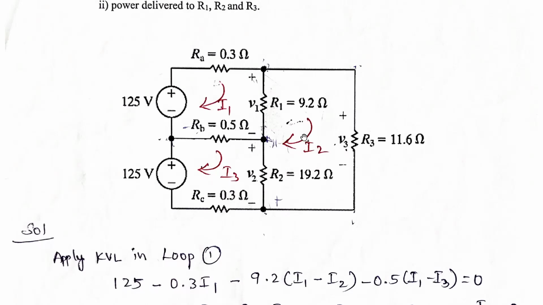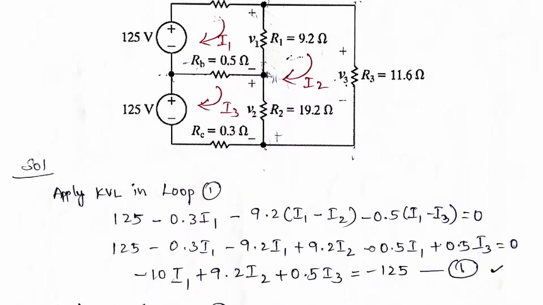So here I1, here I2. So I1 minus I2, minus, here the current is coming like this, here the current is going like this. So I'm taking this minus, again it is a drop, 0.5. Here I1, here I3 is there. So I1 minus I3 is equal to 0. Just simplifying this, we'll get the equation as minus 10 I1 plus 9.2 I2 plus 0.5 I3 is equal to minus 125. Take this as equation number 1.